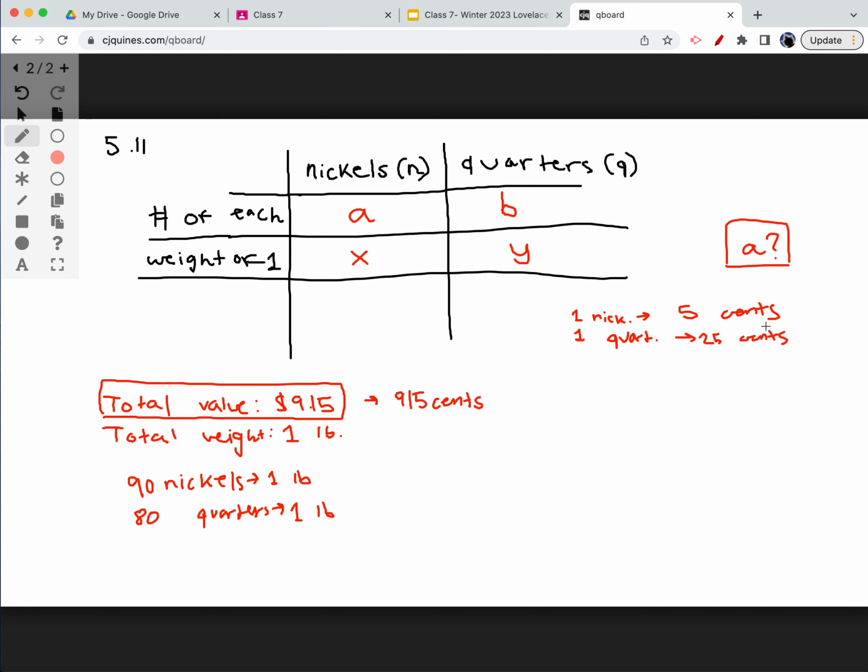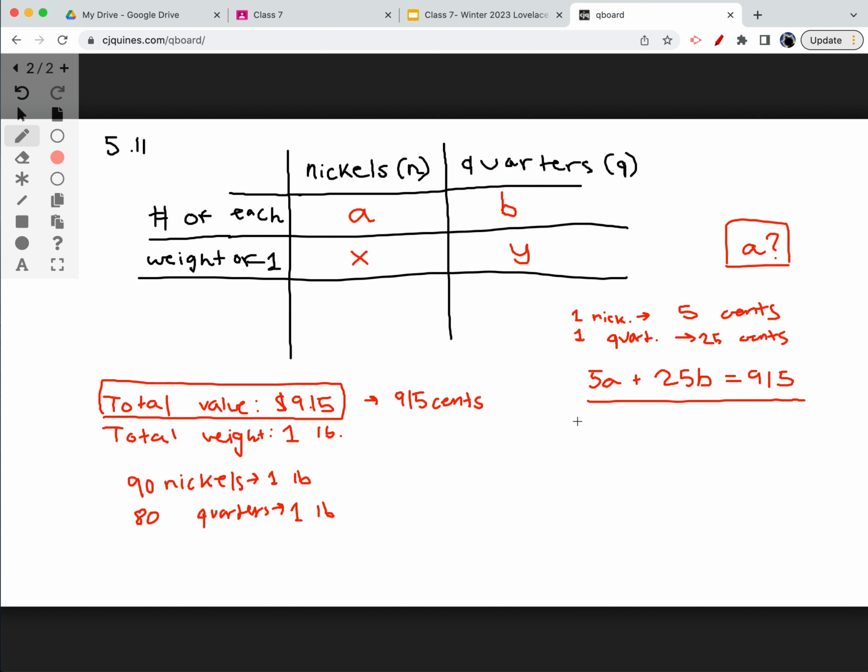So since we have A nickels and B quarters, then the total value will be 5 times A plus 25B. And this total value is just equal to 915. So we have that.